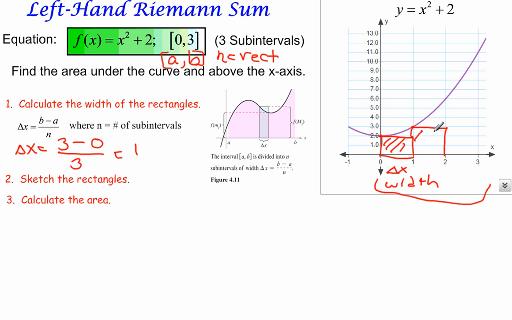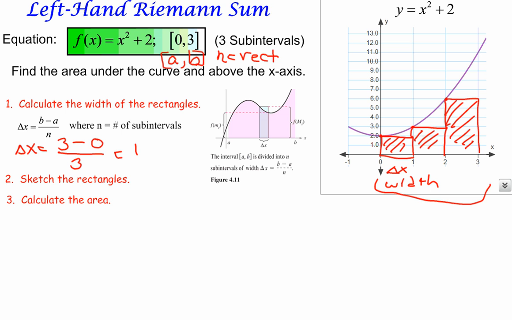So we'll pick up the area from that rectangle as well. At 2, I'm going to plot where it intersects the curve. That's a height of 6, and that will give us this last rectangle. We now have 3 sub-intervals, or 3 rectangles, to add up.